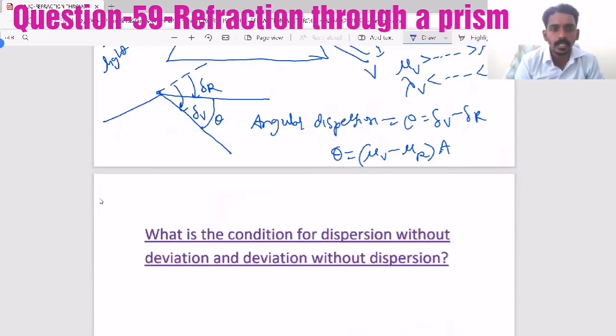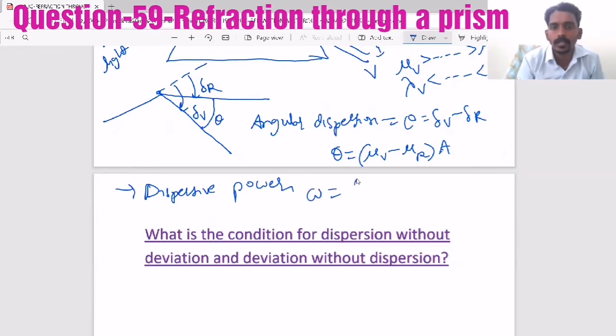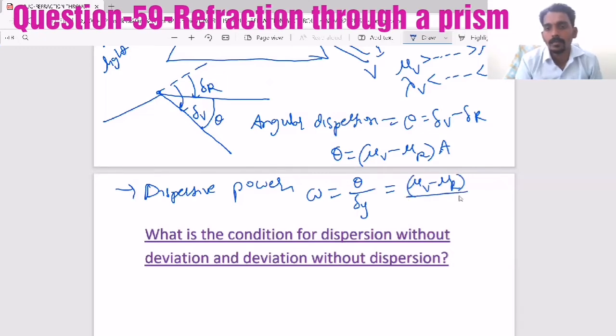Now the next question they can ask is based on dispersive power. The dispersive power means by what greater angle it can separate the colors. The dispersive power is the angular dispersion for mean deviation, or deviation for yellow. So it becomes (mu V minus mu R) by (mu Y minus 1).